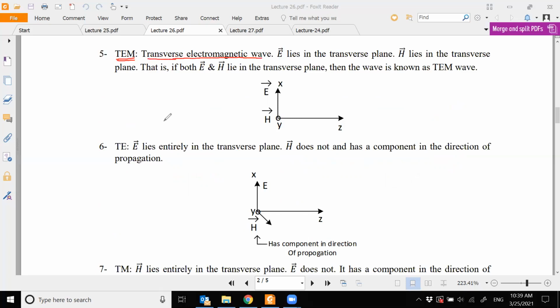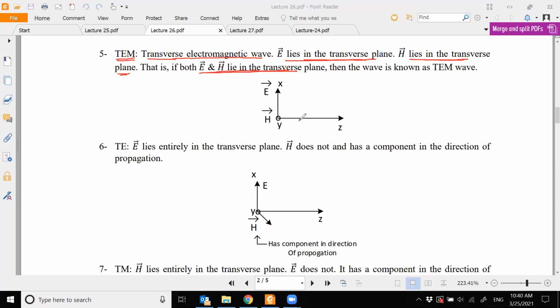We use this word when my electric field lies in the transverse plane and my magnetic field also lies in the transverse plane. That is, both electric and magnetic field lie in the transverse plane. Then it is called the TEM.